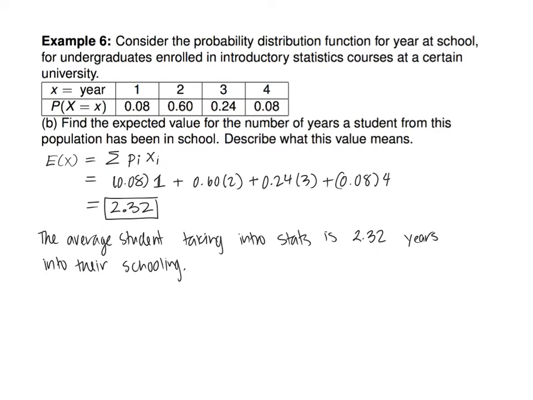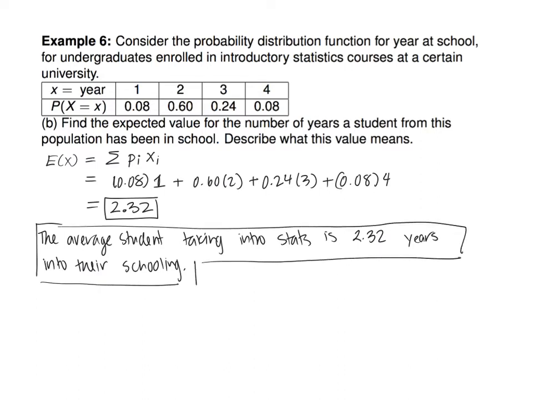So that just tells you what the average year in school a person is when they take introductory stats. And notice that somebody can't actually be 2.32 years into school. So on average, they're a little bit more than 2 years into school, is what that means.